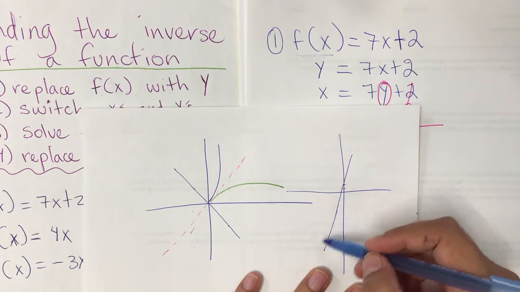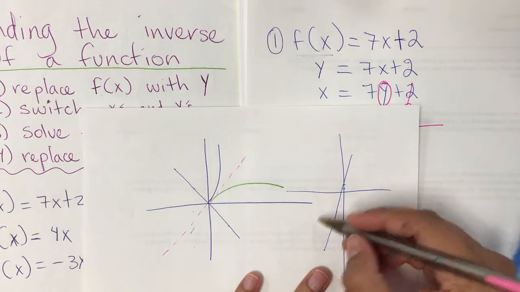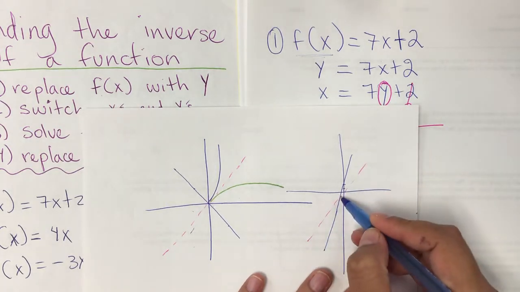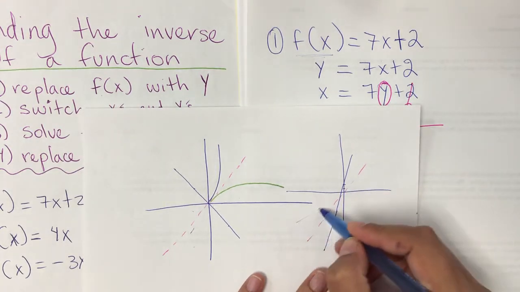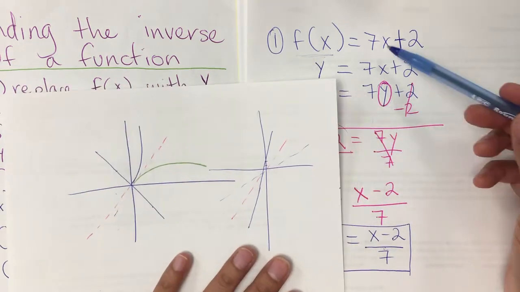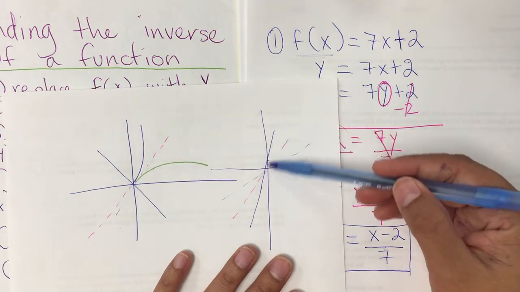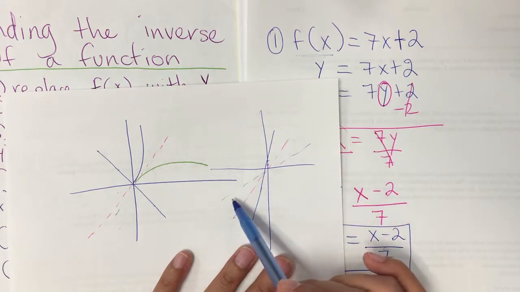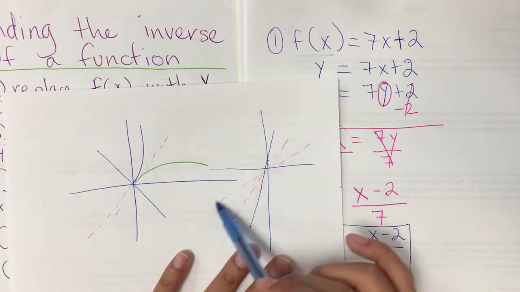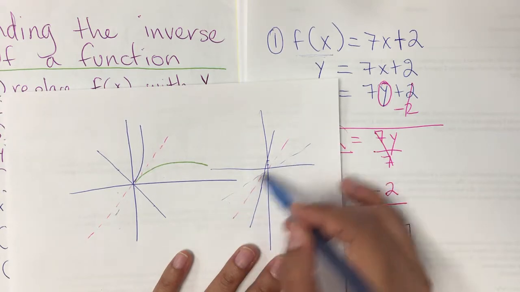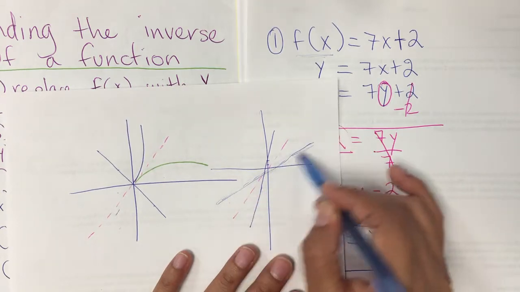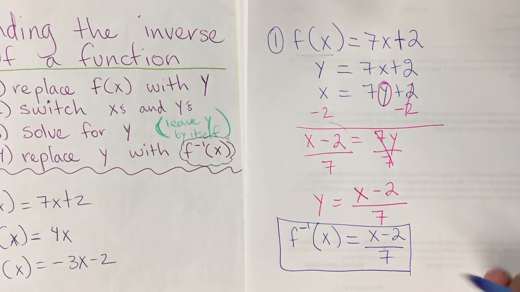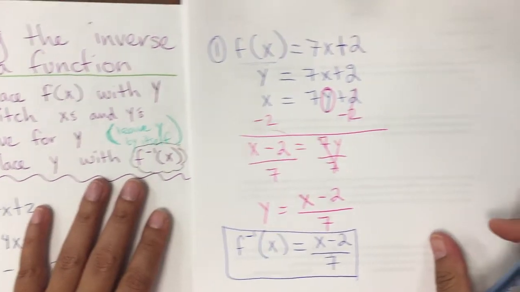And if I have this mirror, that means that I would have something like this. So this is the function for this graph. This is the function for this other graph. See how those are inverse of each other. Again, you don't have to worry about this part. It's just so that you know or understand what you're doing.